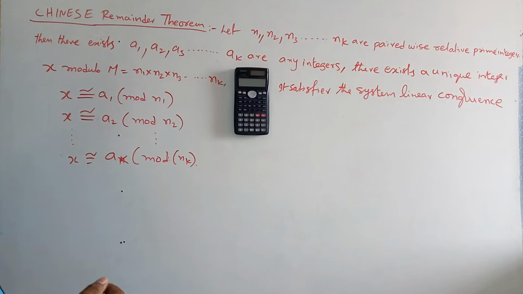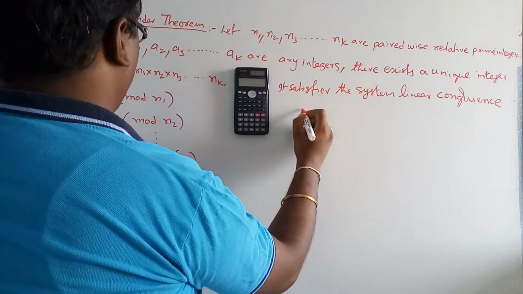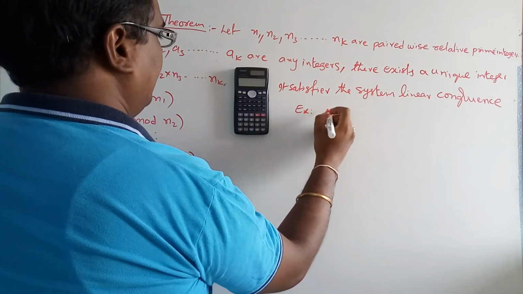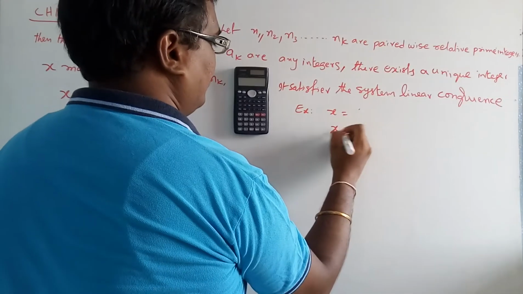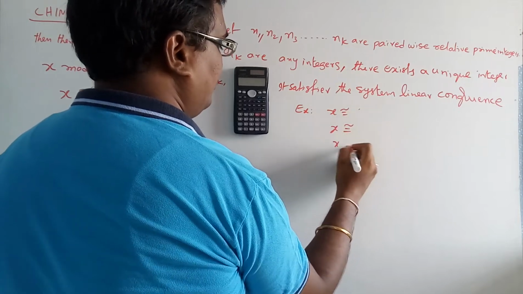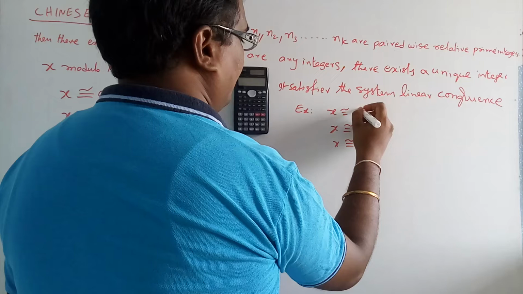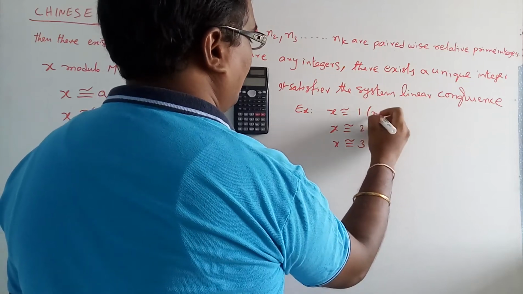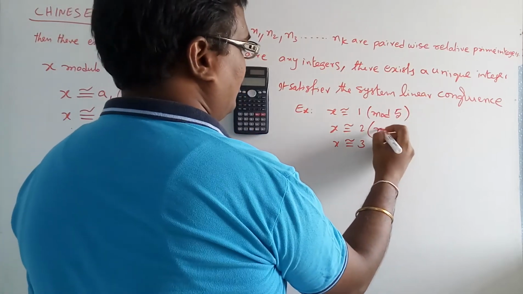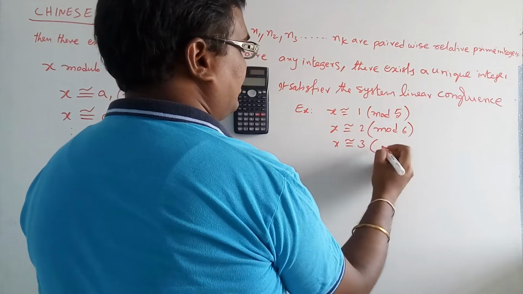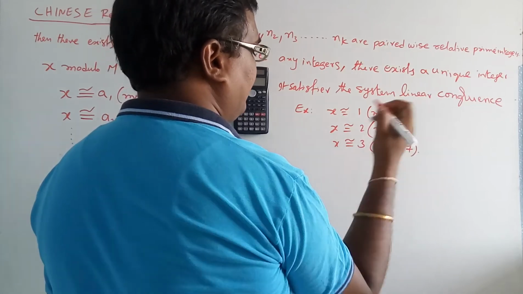Okay, now I am explaining one example. Suppose the example is x is congruent to 1 mod 5, x is congruent to 2 mod 6, x is congruent to 3 mod 7.